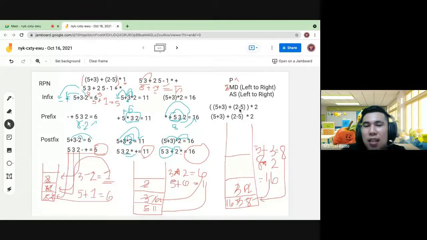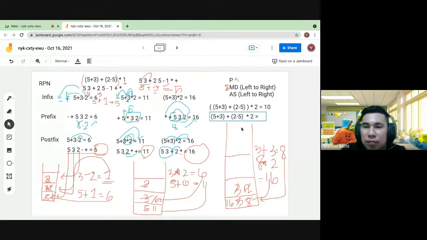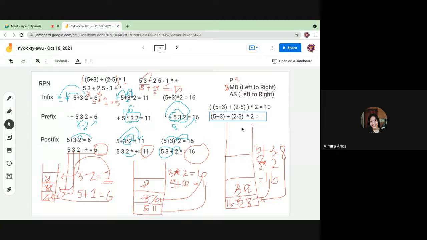Negative 3. 8 minus 3, 5. Ang result ani kay pila? 10, no? Tama. Ang kaning isa, same ba gyapon? 10 lang gihapon. Same gyapon sir. Okay.